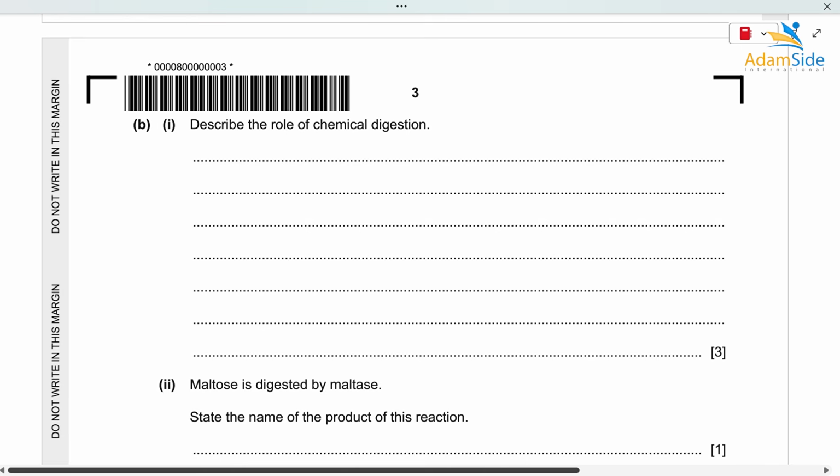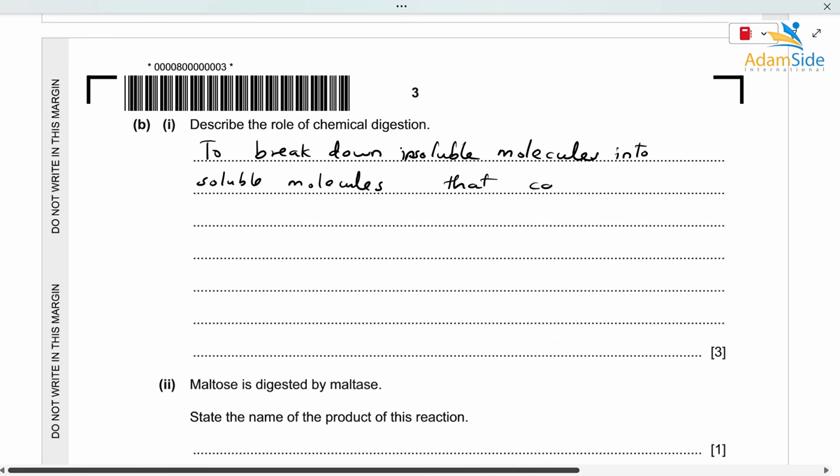So we'll say that it is to break down large insoluble molecules into soluble molecules that can be absorbed into the blood.